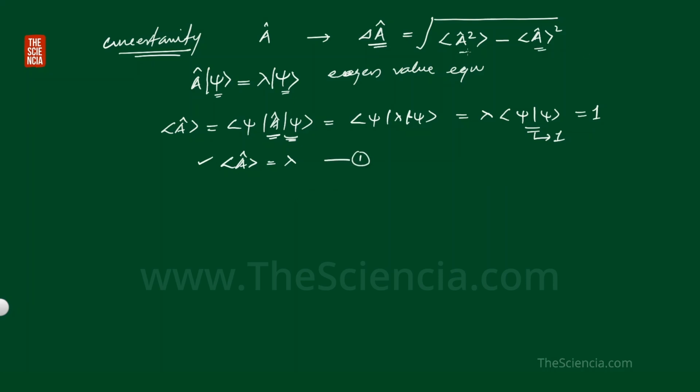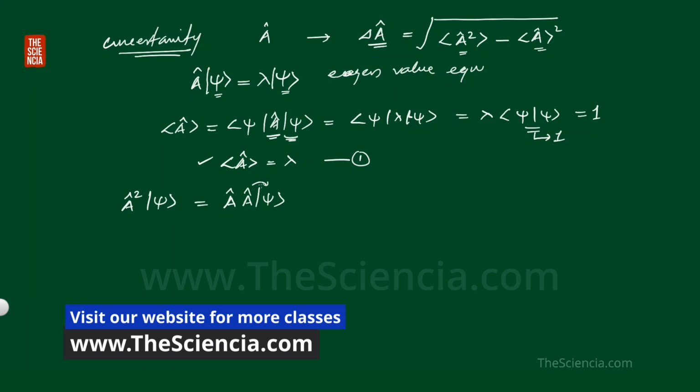Now we have to find the expectation value of A square. That is, A square acting on state psi. That is, this operator is like A operating on A. This is the expansion of the A square operator. So first this A operator will act and then this operator will act.